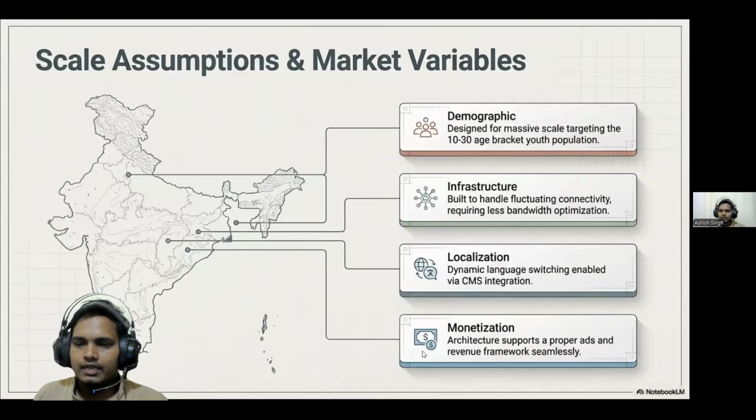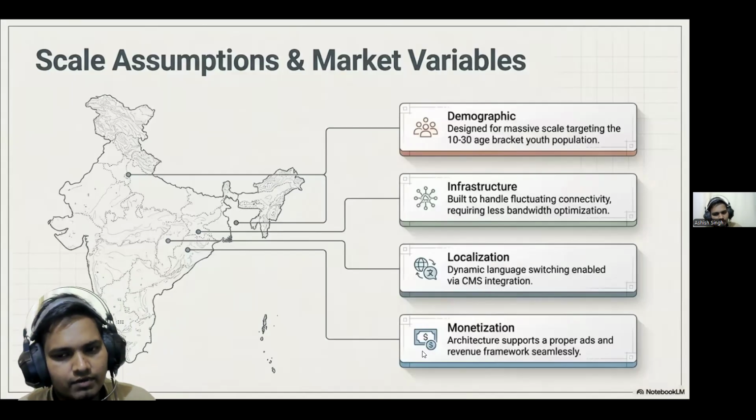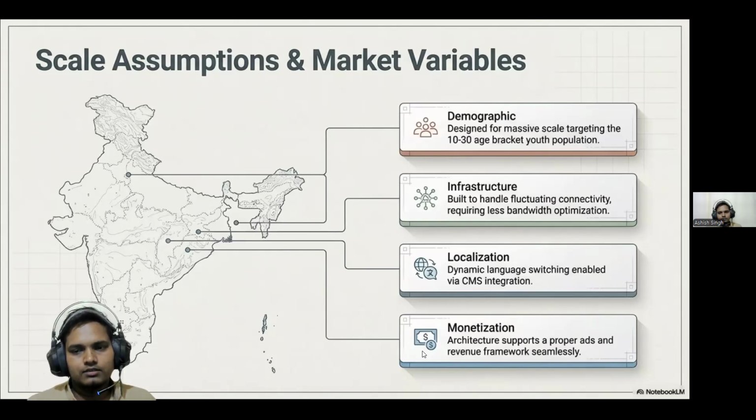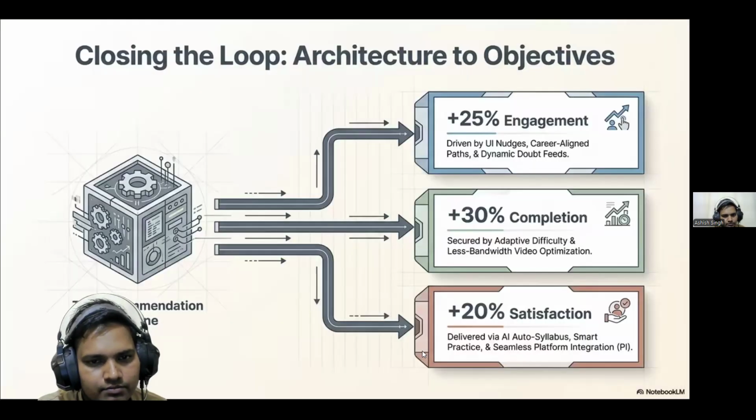Localization is dynamic, with language switching enabled via CMS integration, and we do not need to worry about that because the AI is working in that direction. Lastly, monetization: this architecture seamlessly supports a proper ads and revenue framework, but we need to balance advertisement and payment, so that if someone wants to pay for the course they can, and if not, we can go with advertisements without interrupting the flow of study.